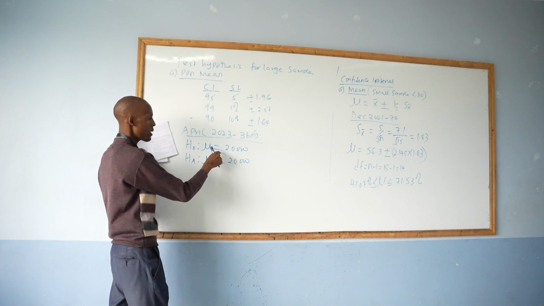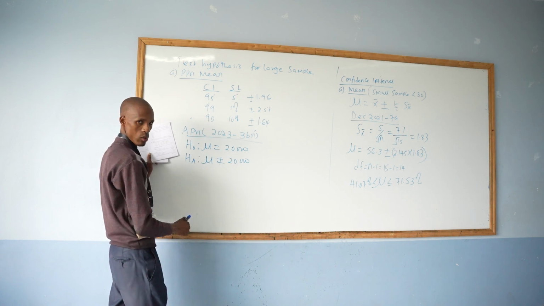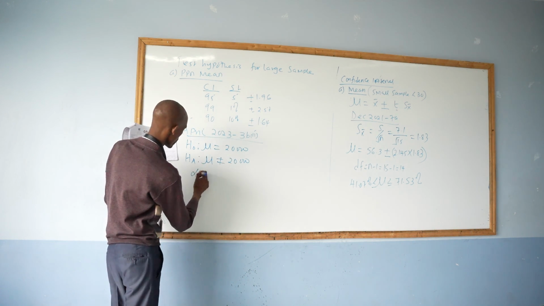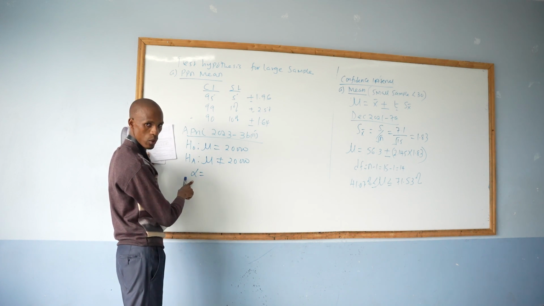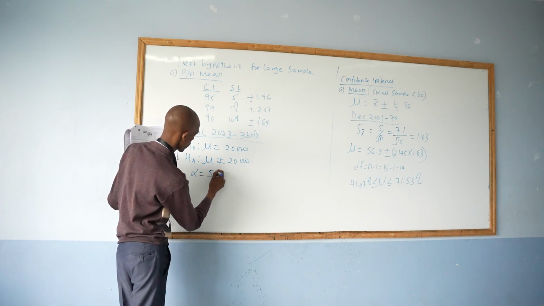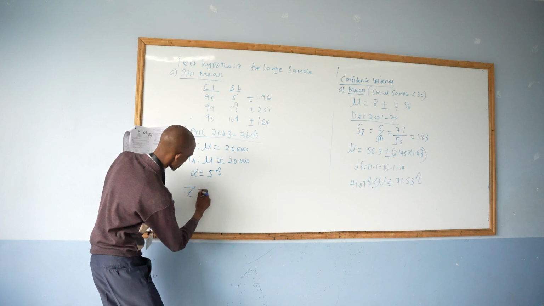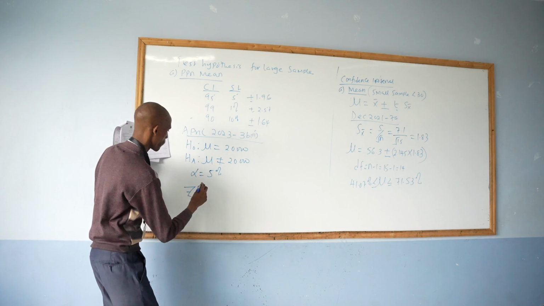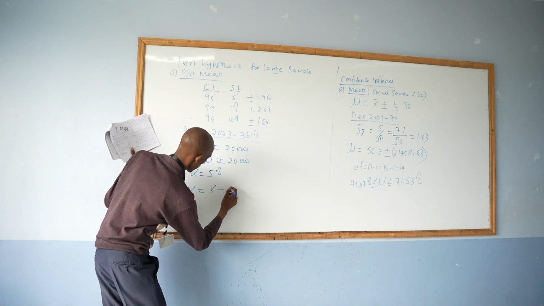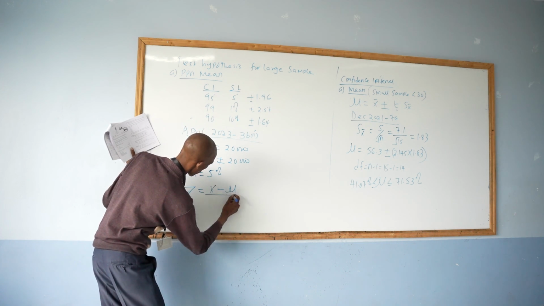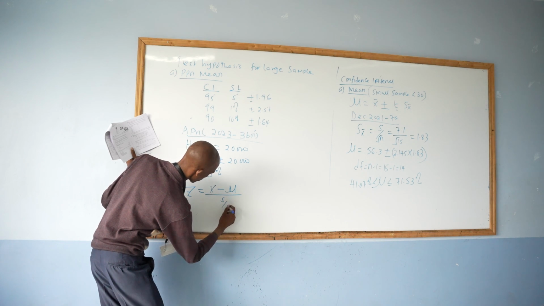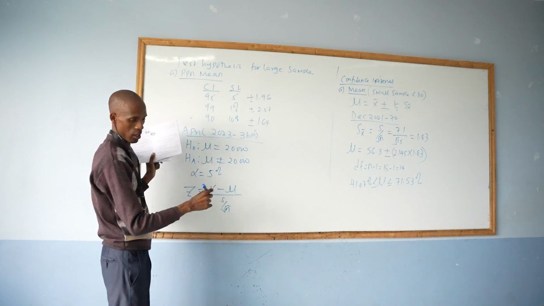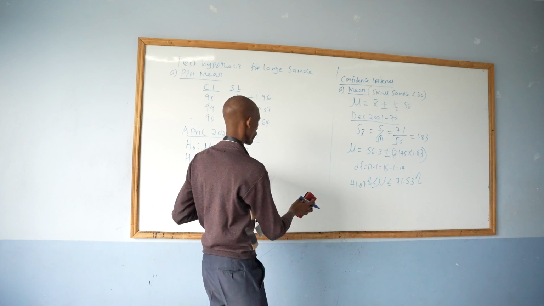The significance level is written as 5%. It is a Z test for a single mean, so this is just one population mean. It's X minus the mean, divided by the standard error.